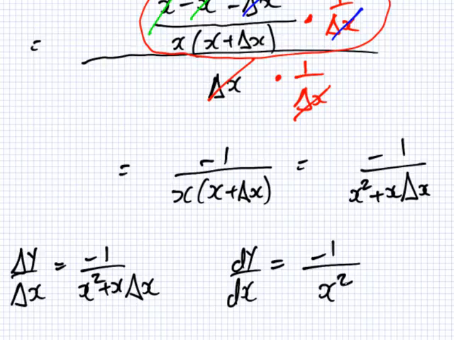So question 1 is ABC, KL. Now in question 1, I only want the secant, so you don't make the delta x 0 at the end. But in question 2, I do want the derivative, so you must make it 0.